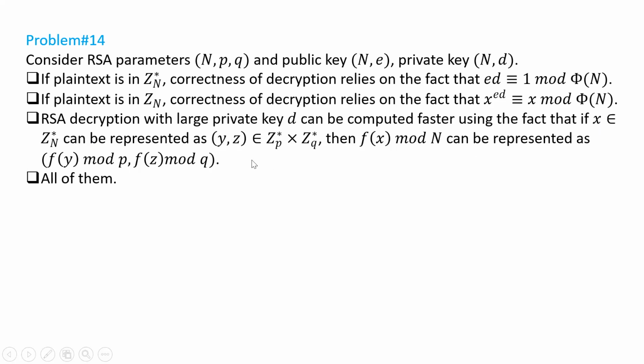If this is the representation corresponding to x, then applying any function f(x) mod n on the set Zn star is equivalent to the representation of f(y) mod p in Zp star and f(z) mod q in Zq star. This property is used when we have a very large decryption key d and our decryption operation is very computation heavy. Then we divide these operations into modulo p and modulo q and get a faster decryption process.